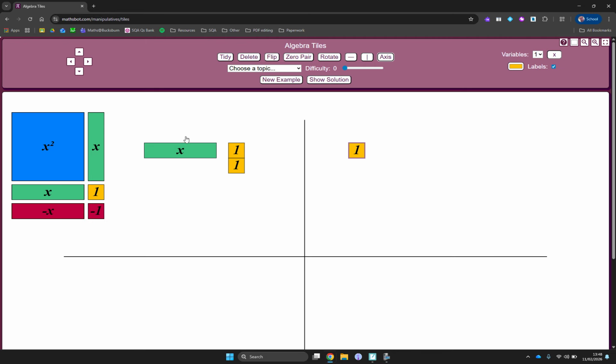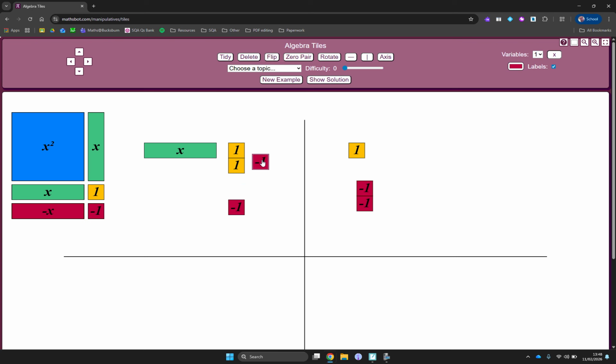The whole point in what I'm trying to do is to get this green tile on its own. I'm trying to find the value of it. So I need to get rid of positive 2. So I'm going to add on negative 2. I'm going to add on its additive inverse. And if I do something to one side, I have to do the same to the other.